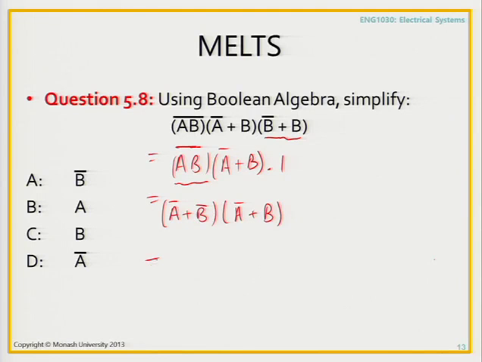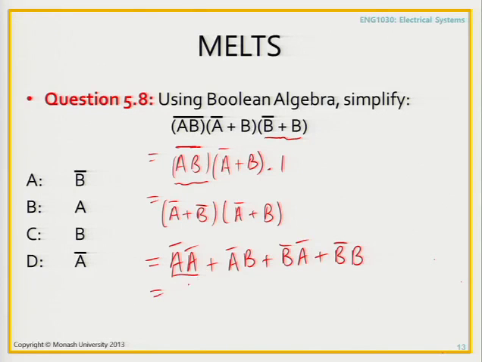Now you can go through and do your multiplication out or distribution. And so this is A prime A prime plus A prime B plus, what are we up to, B prime A prime plus B bar B. Okay, so what is this first one equal to?